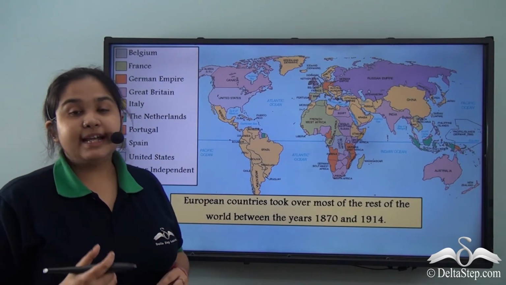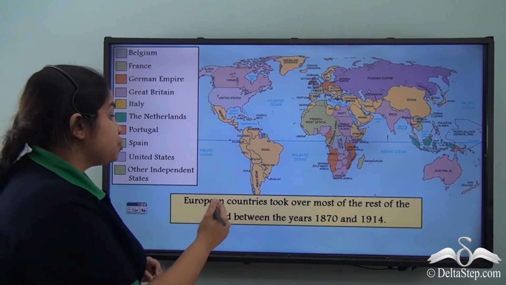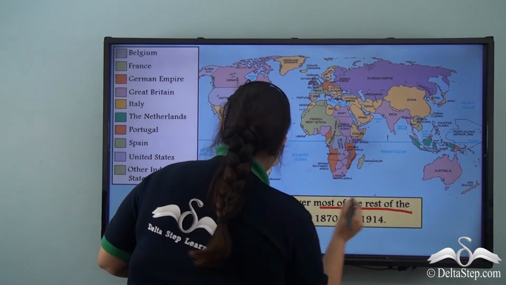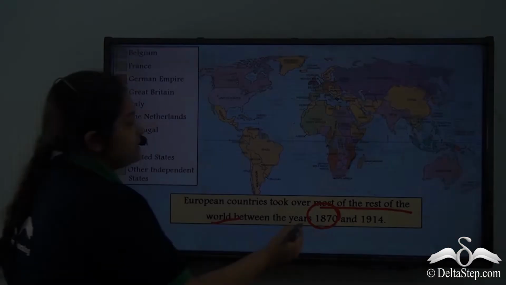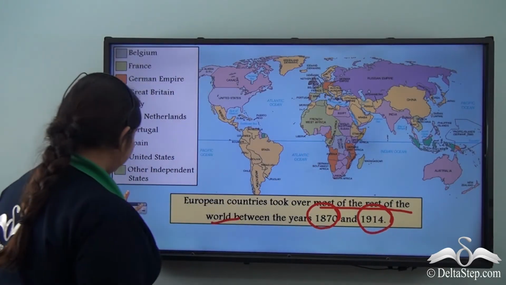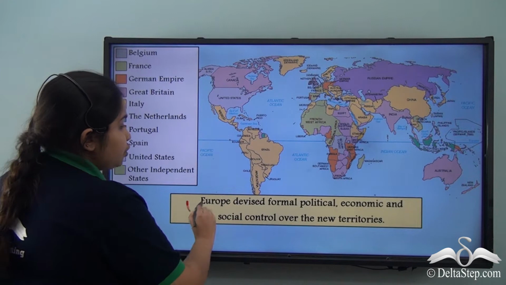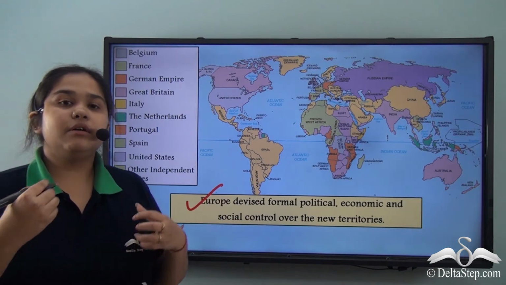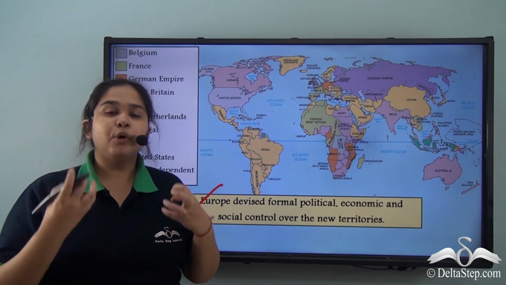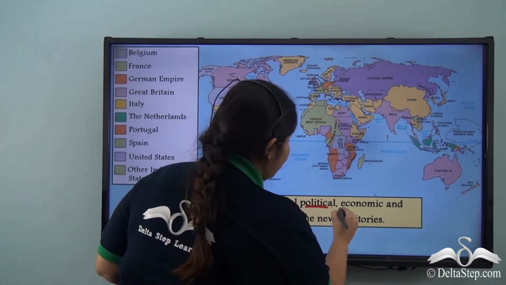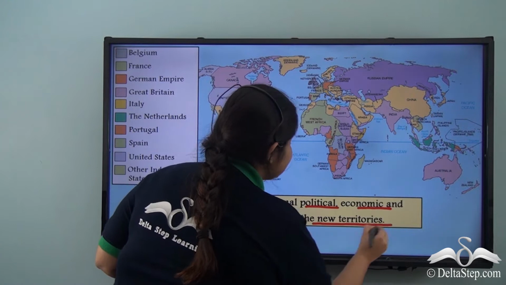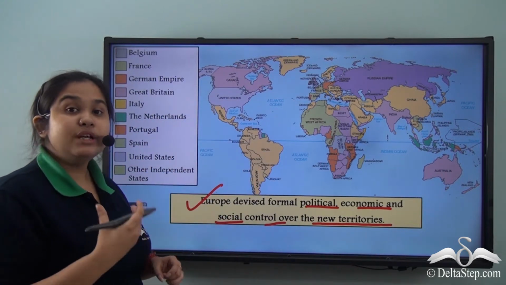It could be noted that the European countries took over most of the rest of the world between the years 1870 and 1914. So Europe devised formal political, economic, as well as social control over these new territories that it was gaining.